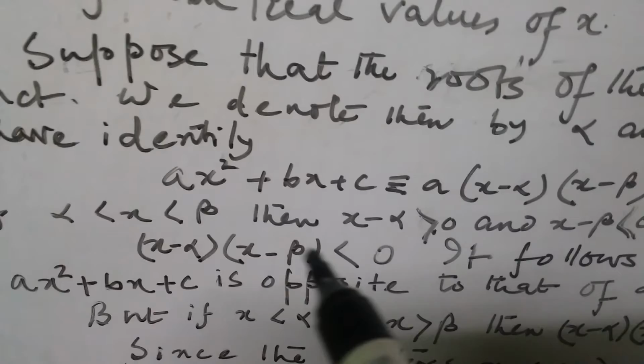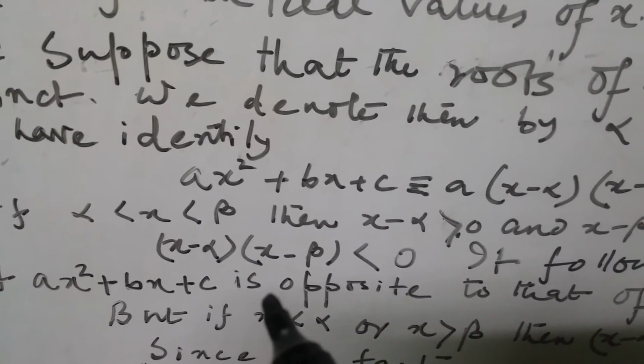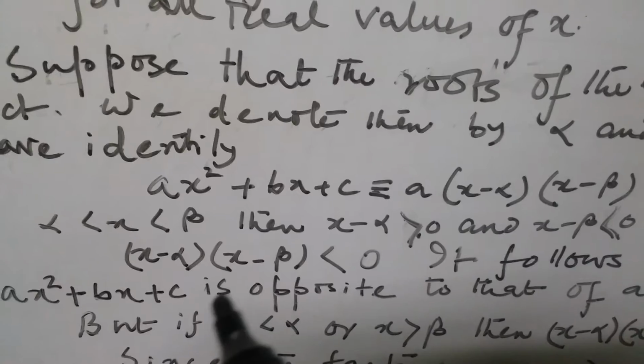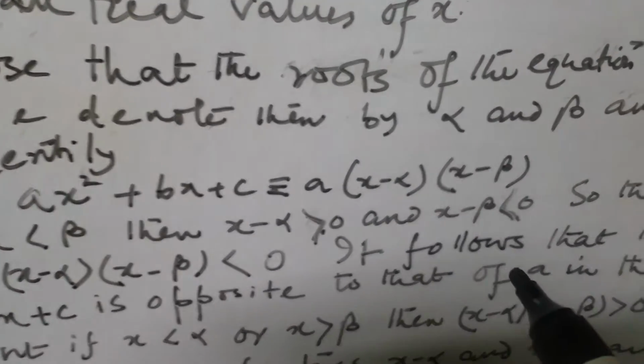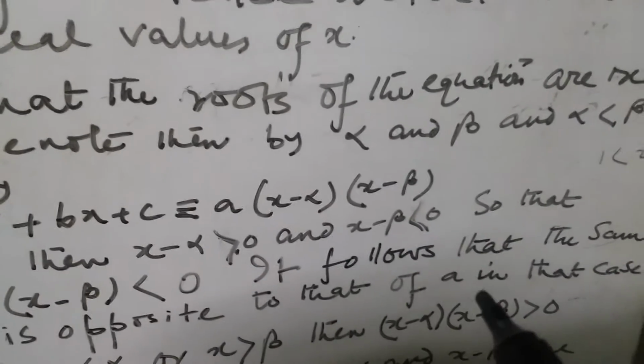So this product is less than 0, and it follows that the sign of ax square plus bx plus c is opposite to that of a.